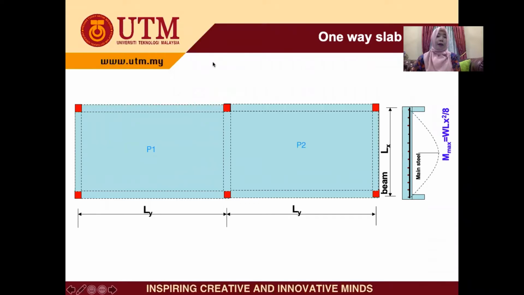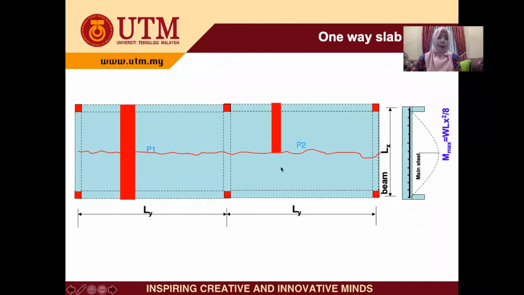Therefore, you need to imagine the crack. A crack must be along the longer direction. Therefore, the configuration of the slab for P1 is 1 meter width like that, and the second slab is 1 meter width like this.